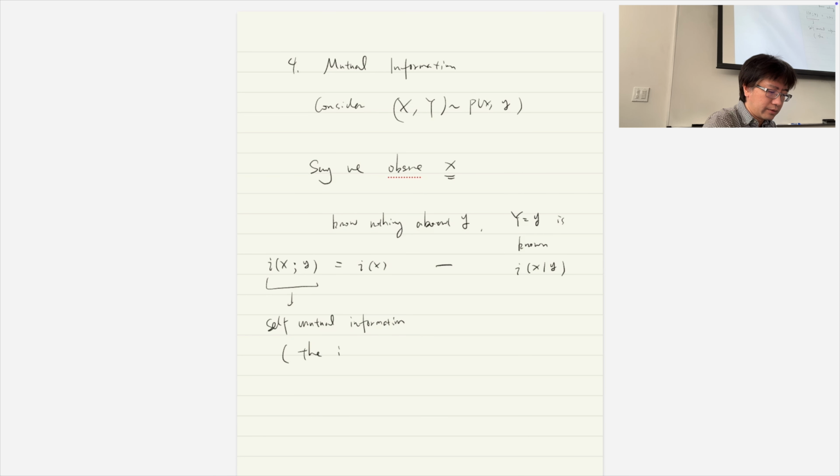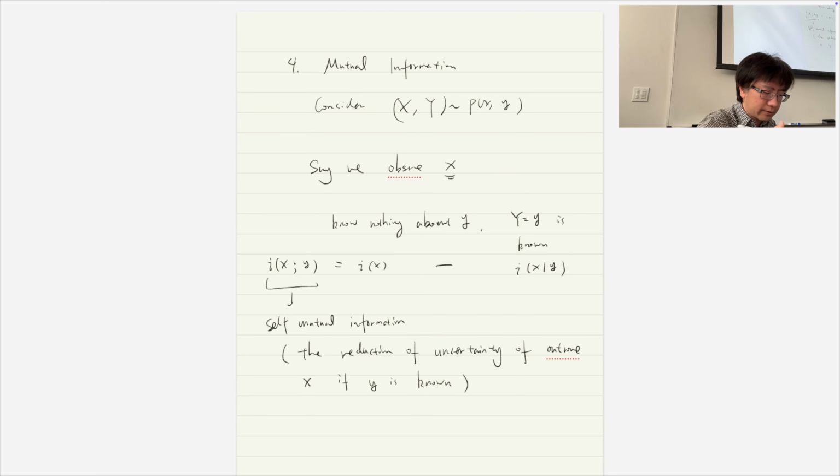This is a reduction of uncertainty, not information of. It is a reduction of uncertainty of outcome x if y is observed or known. Okay?